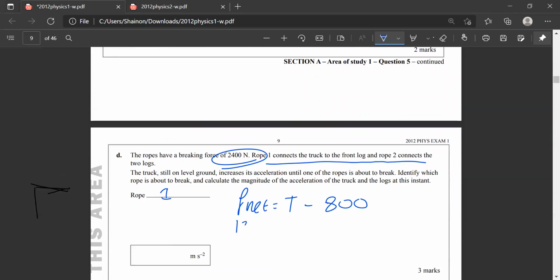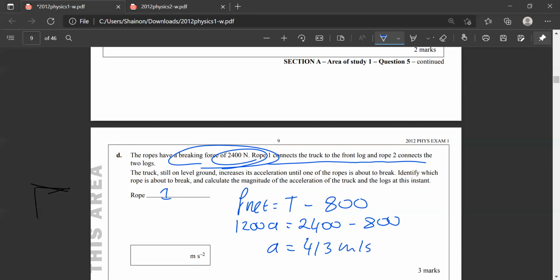So 1,200 a equals, and we know that the rope has a breaking force of 2,400, so 1,200 a equals 2,400 minus 800, divided by 1,200. a equals 4/3 meters per second squared, which is 1.33.